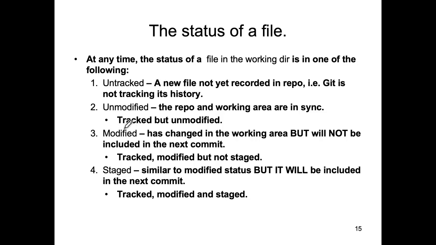Modified means that the repository is slightly out of date with regard to the status of the file on your file system. And then there's this odd one called staged, which means you've told Git that you're about to commit modifications that you've made to the file, but you haven't done it yet. It'll be the next step, if you like.